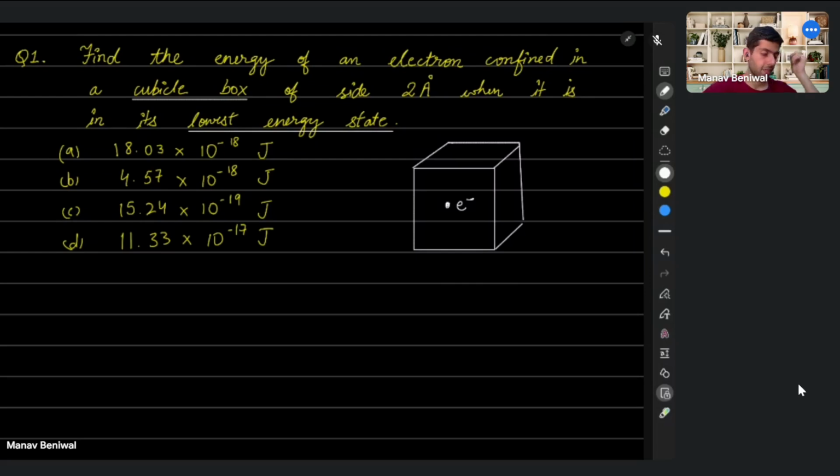Now we are told that the electron is confined in a cube, which means everywhere outside, the potential is infinite, and inside the potential is zero.